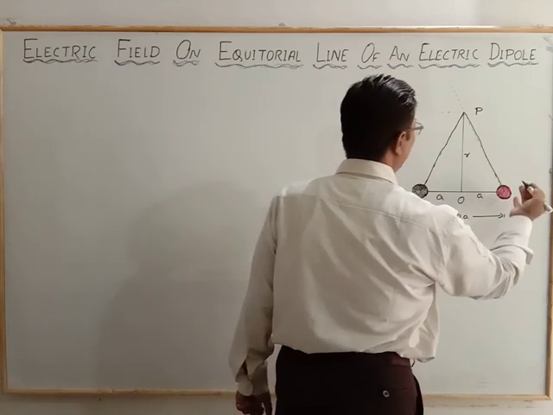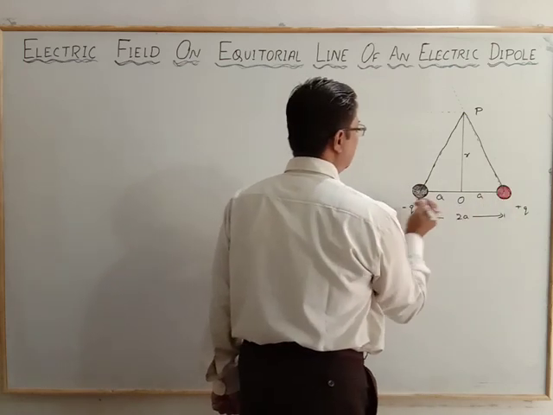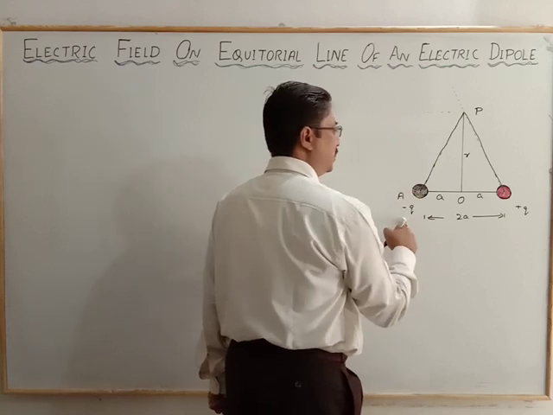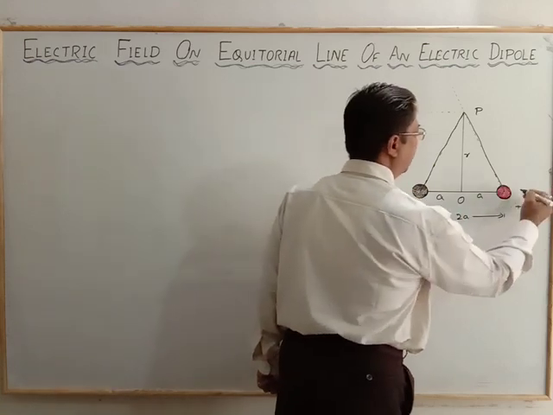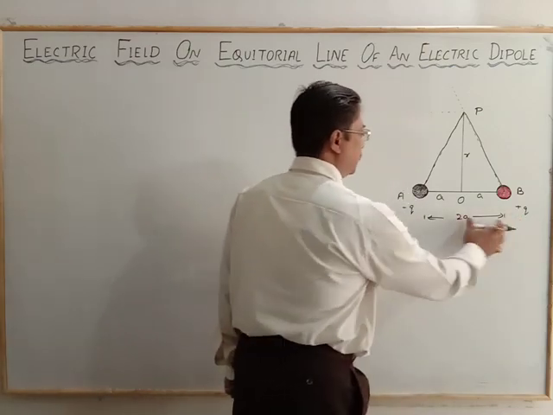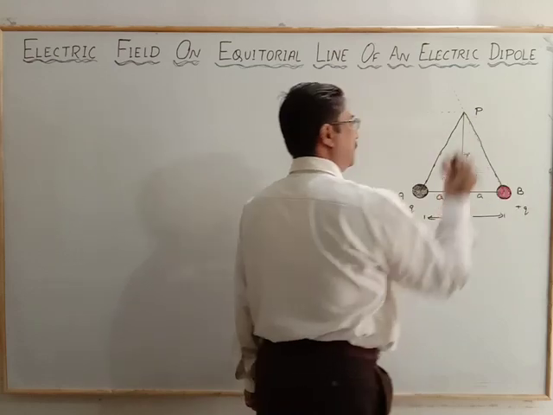The charge at point A is minus q, and the charge at point B is plus q. So this makes the dipole.